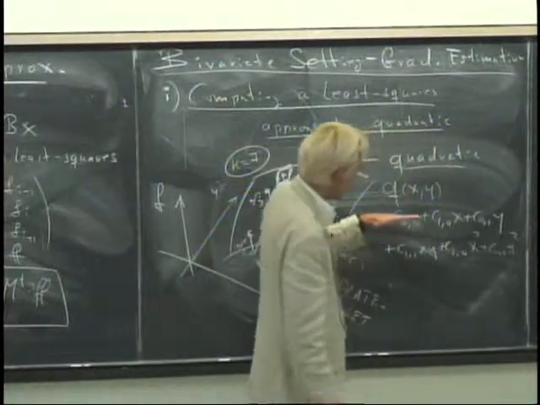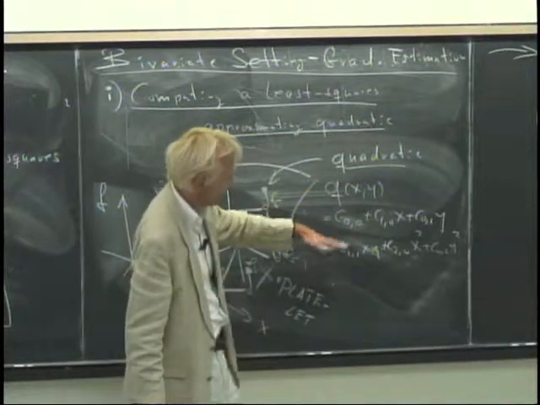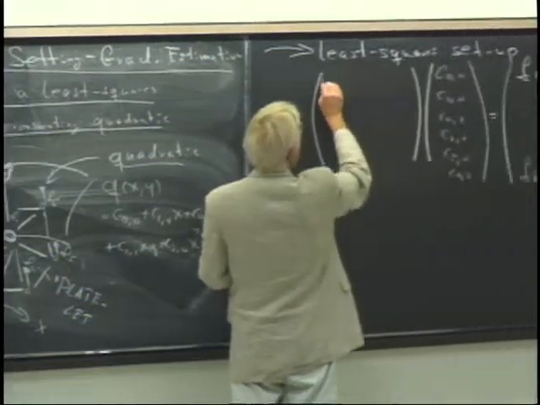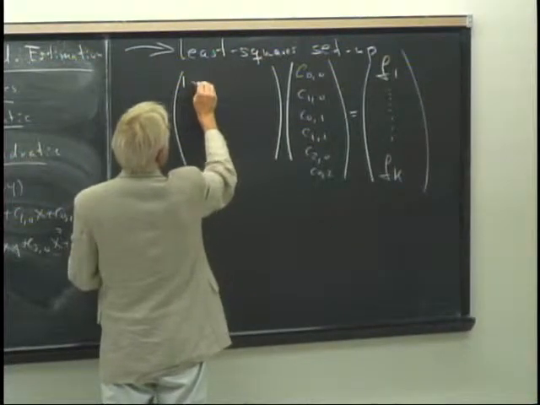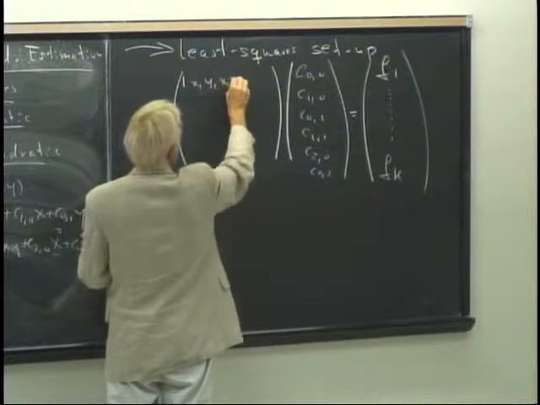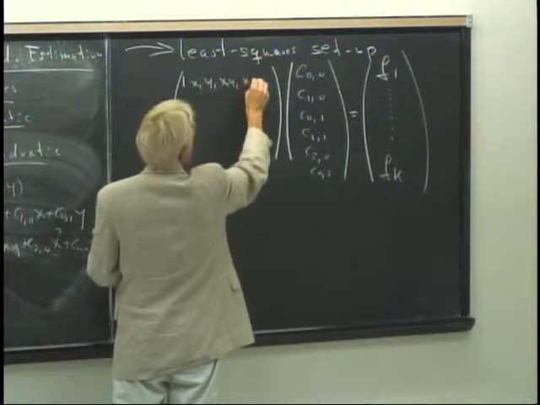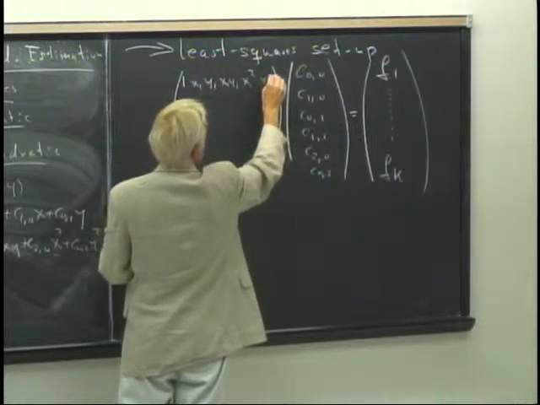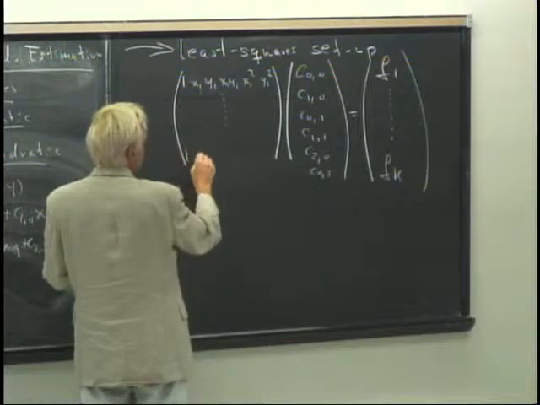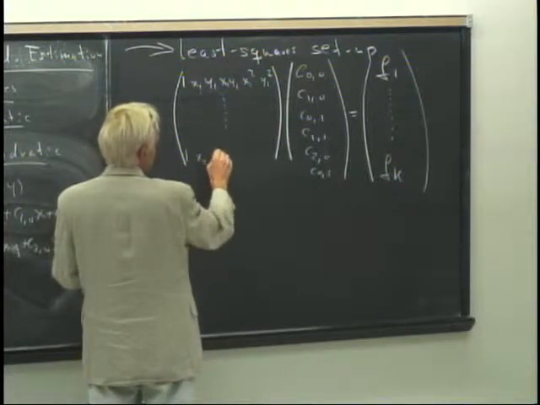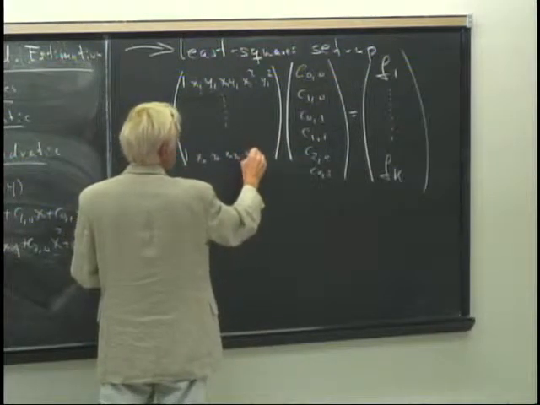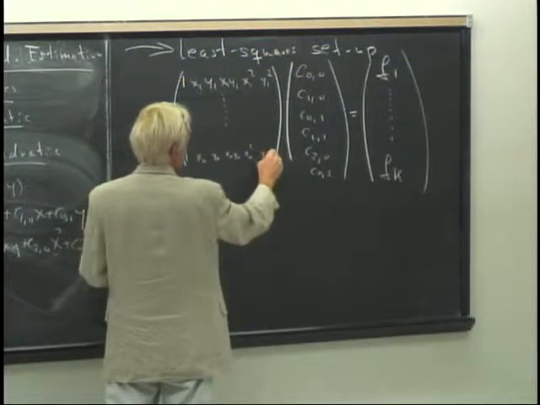And I have 7 or k equations. So the first one is 1, then x1, y1, then the mixed term x1 y1, then x1 squared, then y1 squared. The last equation will be 1, xk, yk, mixed term xk yk, then xk squared, and the last one is yk squared.